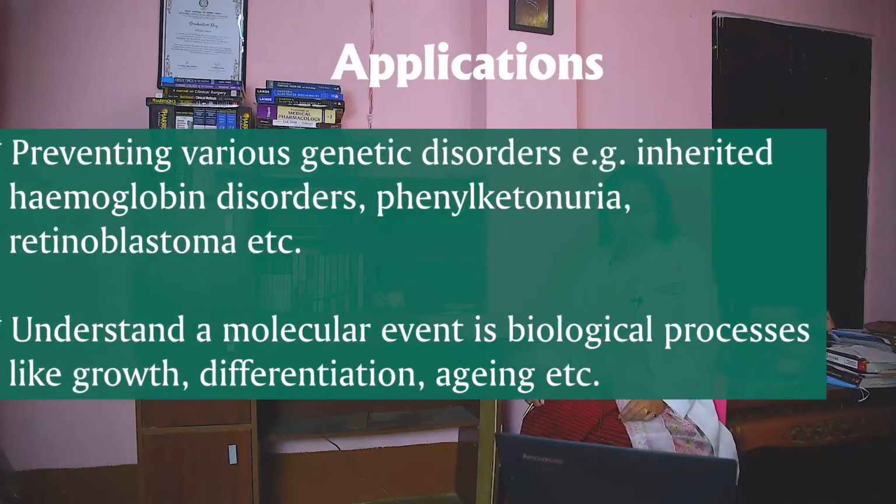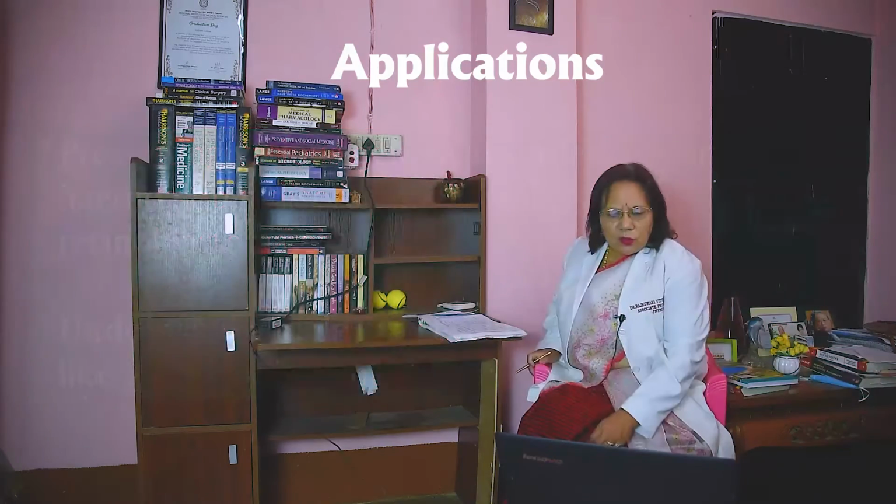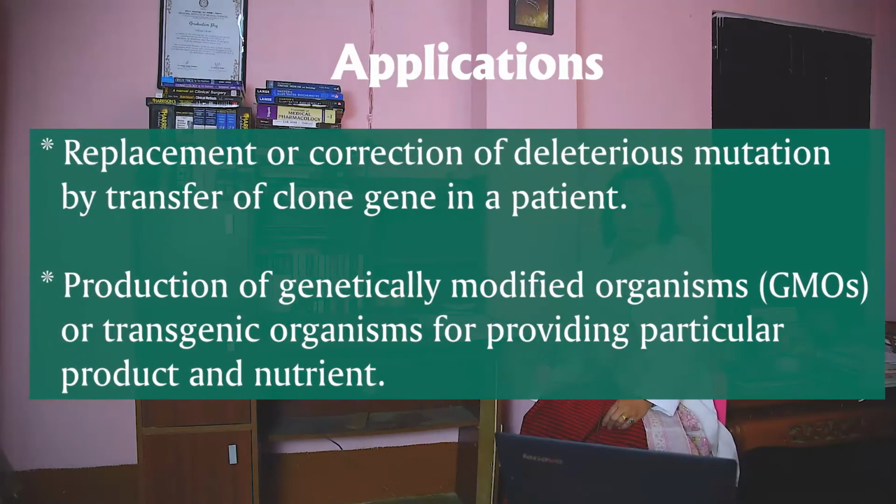Preventing various genetic disorders, for example inherited hemoglobin disorders, phenylketonuria, retinoblastoma, etc., which can be detected at an early stage. Also we can apply this technology to understand molecular events in biological processes like growth, differentiation, and aging. Replacement or correction of deleterious mutations by transfer of a cloned gene in a patient. Then production of genetically modified or transgenic organisms for providing a particular product and nutrient.